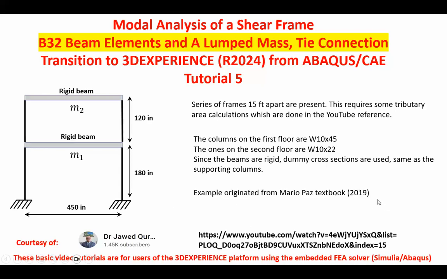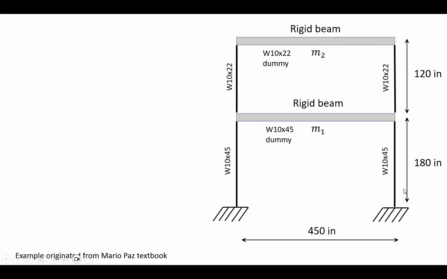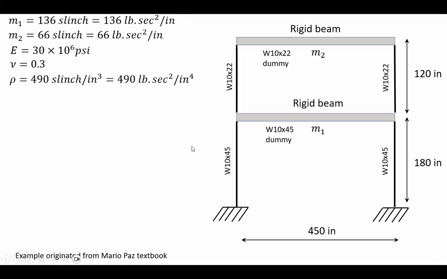Now, this particular problem is from the Mario Paz structural dynamics book, and one can consult there too. So this is a redrawn situation. These are the actual cross sections shown, and we are assuming that the structure is made out of steel.